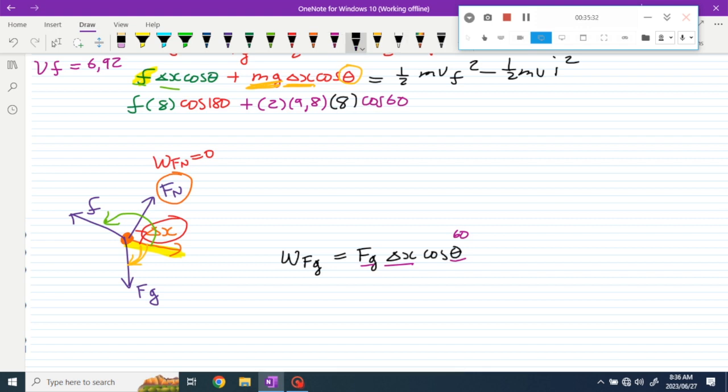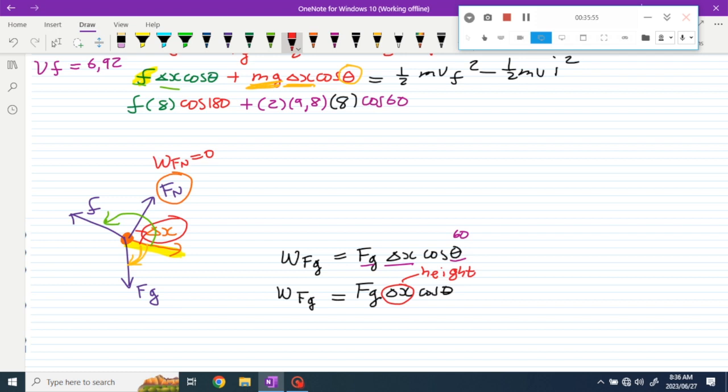The next one is we can say the work done by Fg is equal to Fg multiplied by change in x cos theta, where this change in x is going to be the height through which the object moved. And some of you are more comfortable with this.